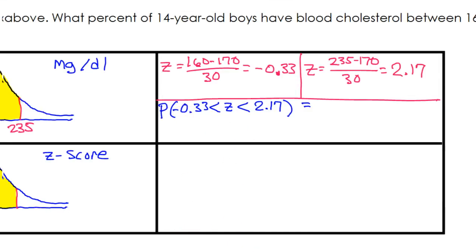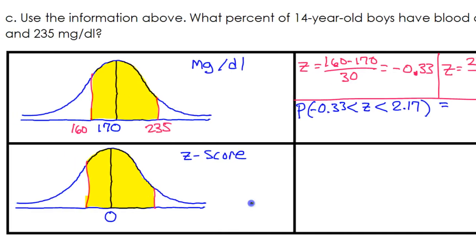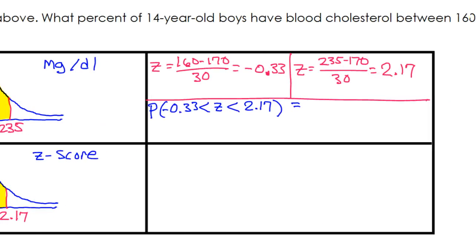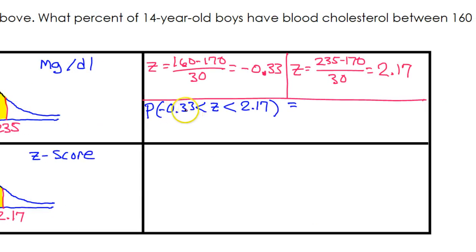But before I even do that, I'm going to record these z-scores on my graph. So this one over here on the left is negative 0.33. This one over here on the right is 2.17. Okay, anyway, so let's find these percentages. So negative 0.3, start with that.